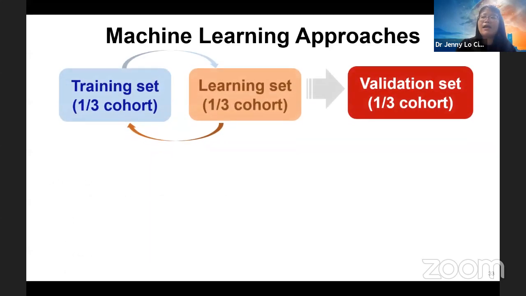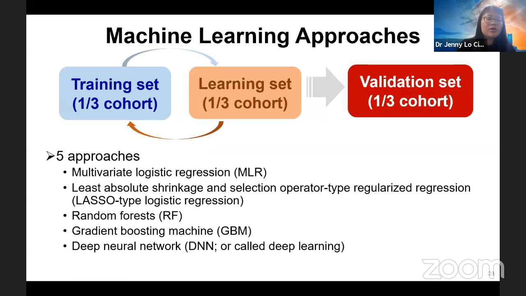We use 5 different machine learning approaches, including multivariate logistic regression, and LASSO, a penalized logistic regression, which is a more advanced logistic regression in a brief explanation. We use tree-based approaches, including random forest, which grows multiple decision trees at the same time.